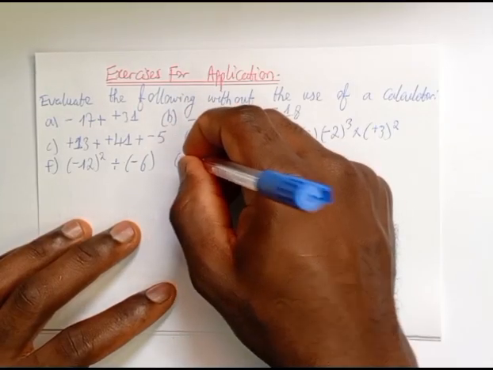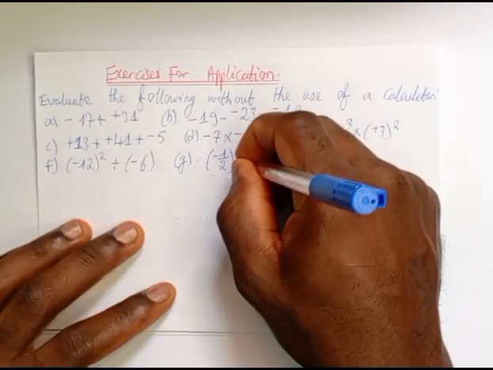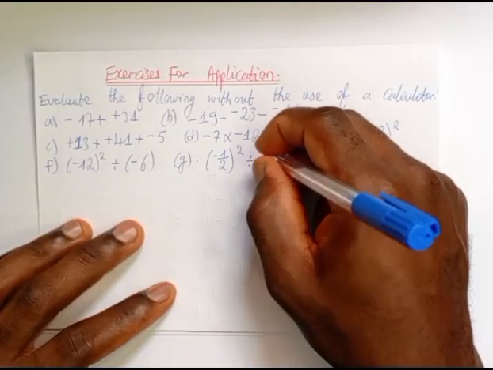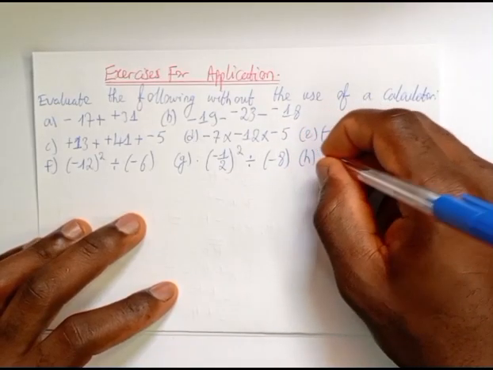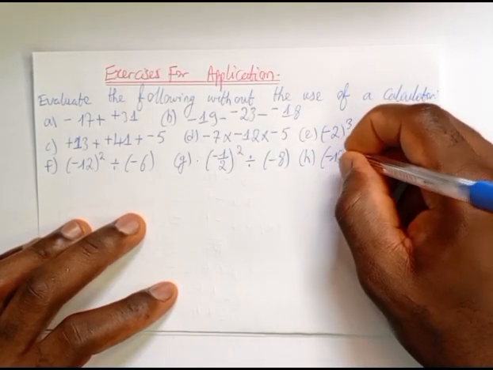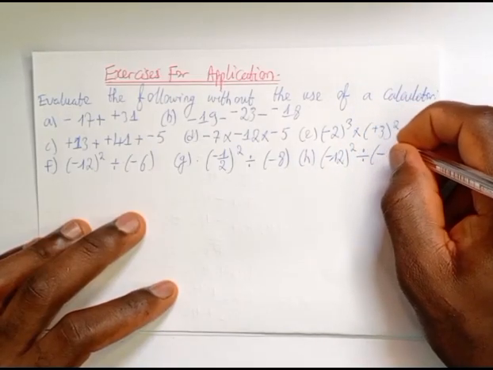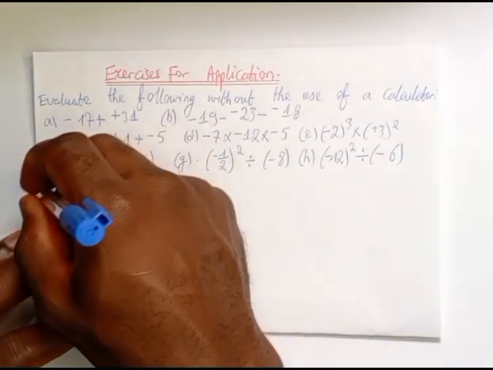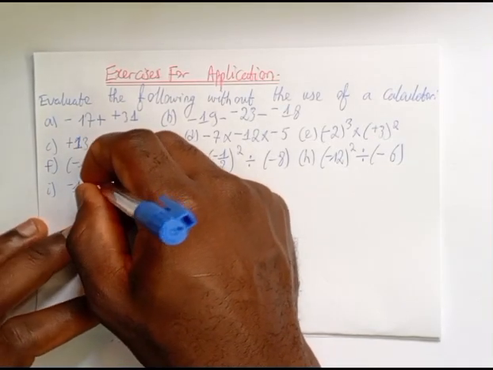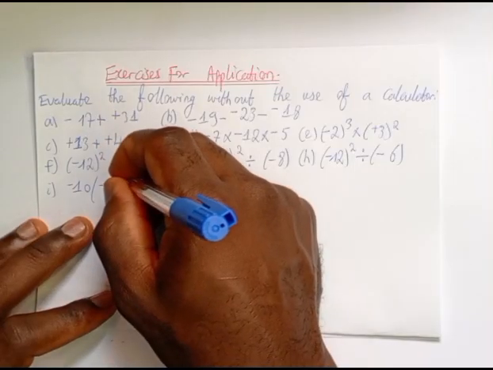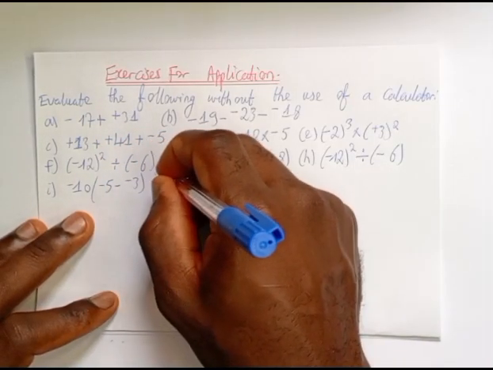For G, we have negative a half all squared divided by negative 8. For H, we have negative 12 all squared divided by negative 6. For I, we have negative 10 times negative 5 minus negative 3 divided by negative 4.